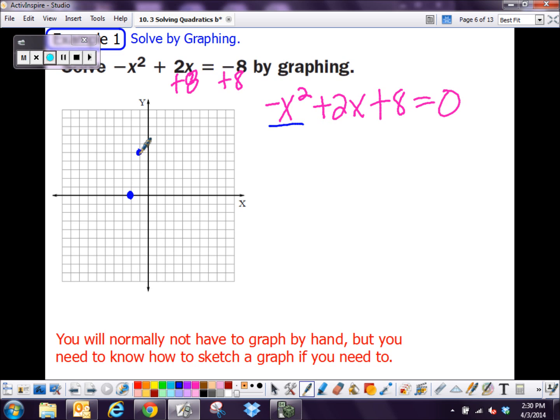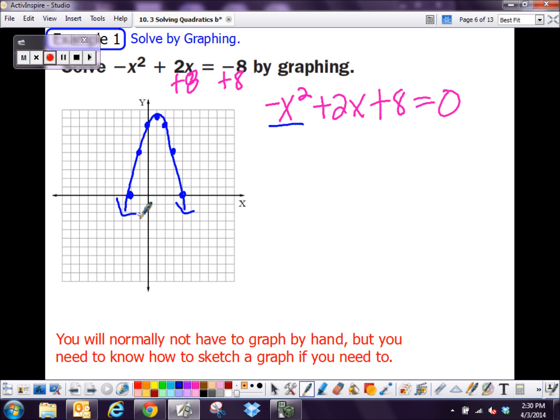Okay, I also have (0, 8). I have (1, 9). I have (2, 8), I have (3, 5), and then I have (4, 0). And you can see that we have just sketched a parabola, all by just typing that in the y equals, going to our table, and finding some specific points.